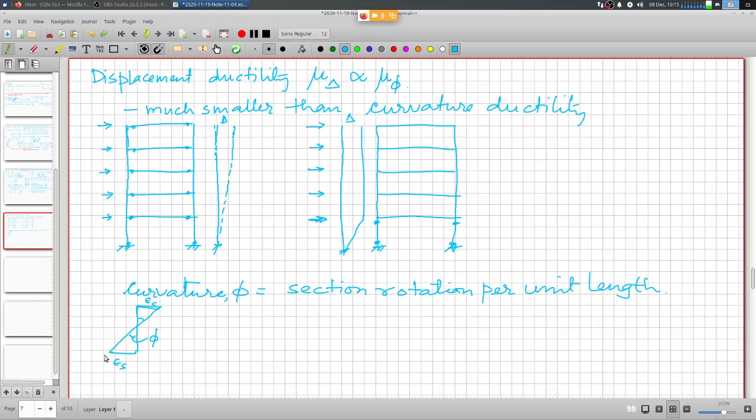In case of plasticity, if the steel begins to yield, then obviously this has to extend, and this can only happen by upward shifting of the neutral axis.